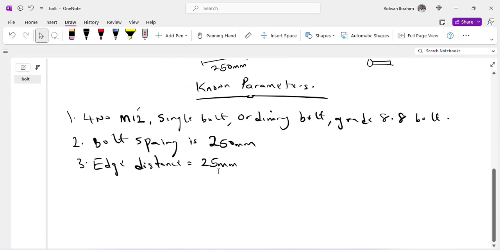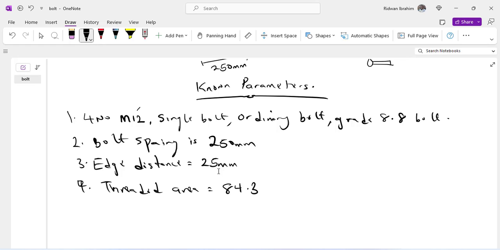So the next thing will be the threaded area. Okay, number 4. So threaded area, the threaded area will be 84.3 millimeter squared. Okay, the threaded area is just a function of the diameter of the bolt.